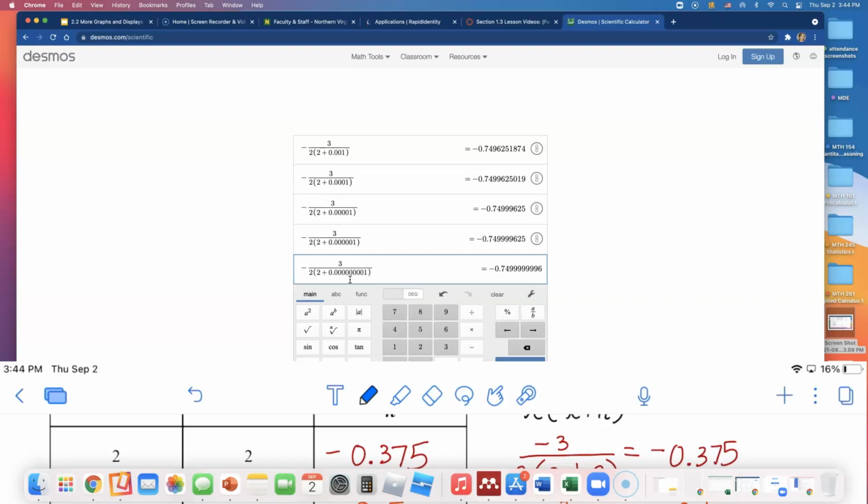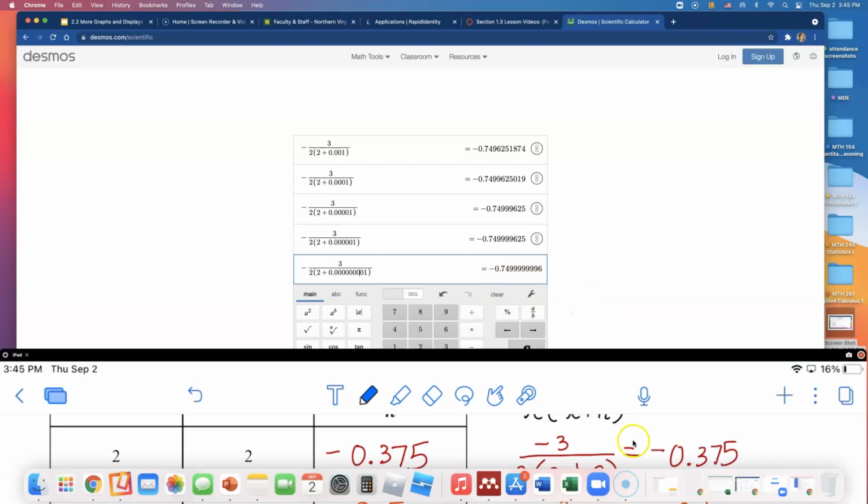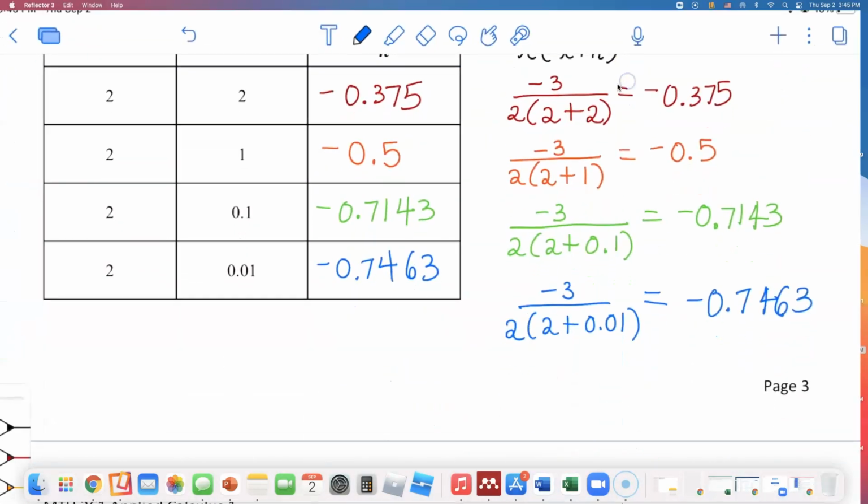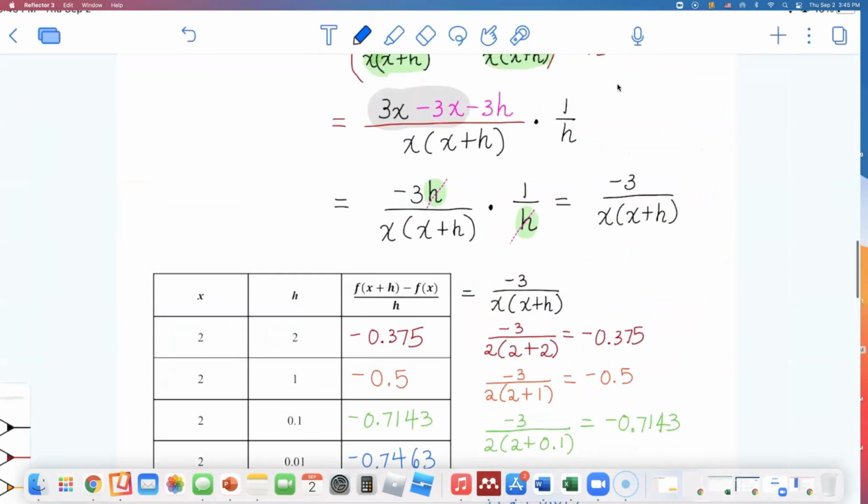So by doing this numerically, I could see that the limit of the simplified difference quotient is approaching what? 0.75. It was going to negative 3/4. I wonder why it was doing that. I don't know.